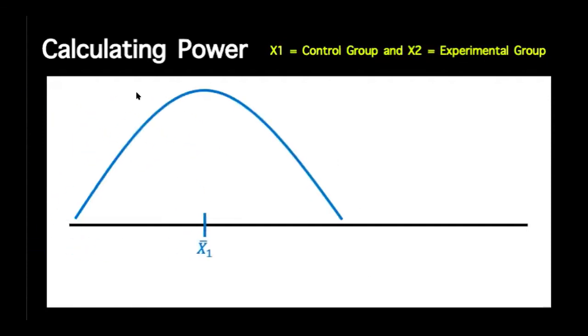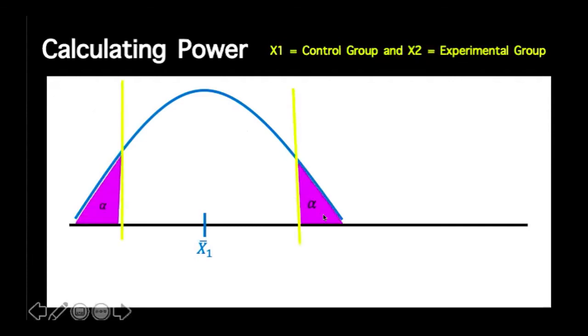So in our distribution, comparing our means, we have our sample 1 or control group distribution. We're assuming that it's normal in this case. But within that distribution, for a two-tailed t-test, we have two alpha levels, one at the high side of the distribution as well as one at the low side, right?